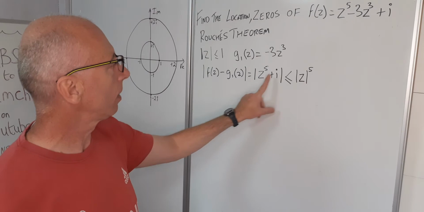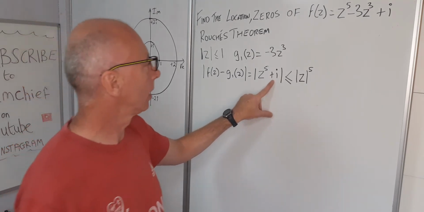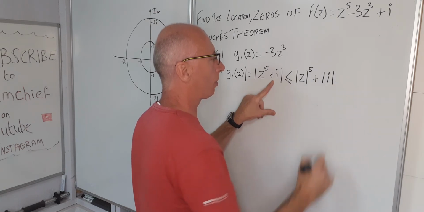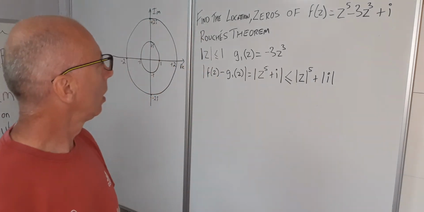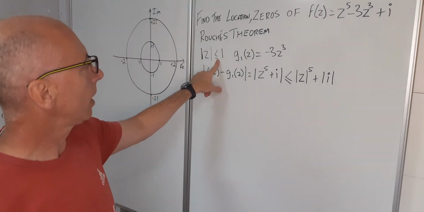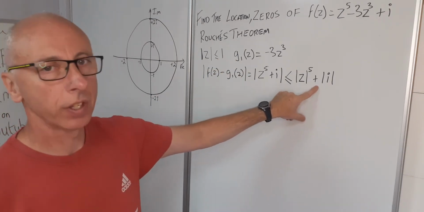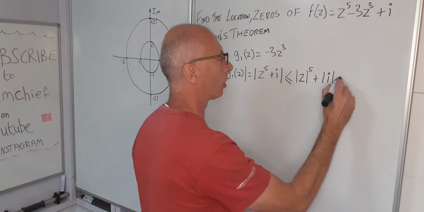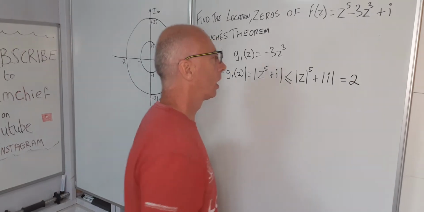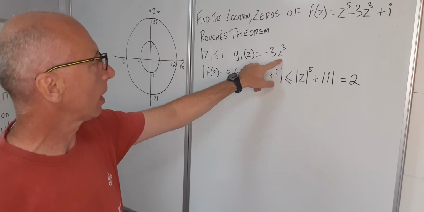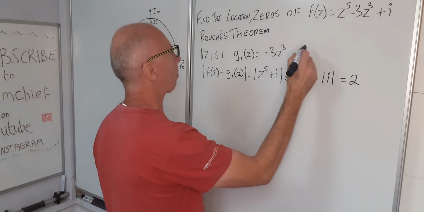So now we take the z to the 5, take the modulus of that, then plus the modulus of i. Okay, for z is 1, 1 to the 5 plus 1, that equals 2. Now g1 of z is minus 3z cubed, so let's work out what that is.